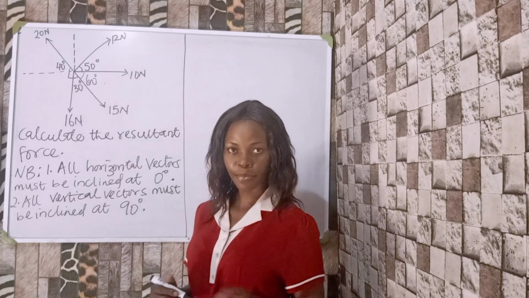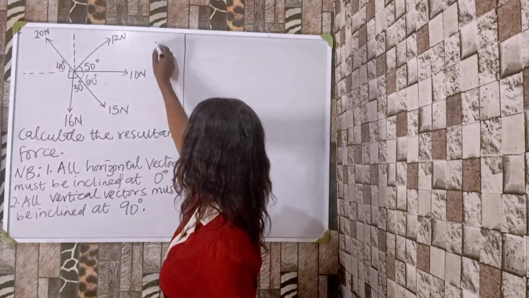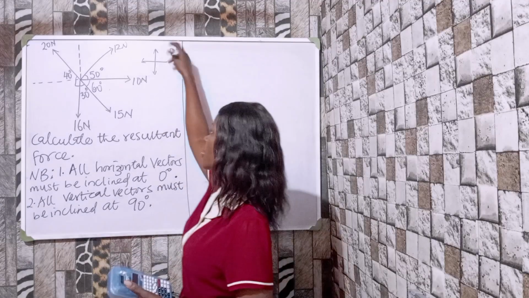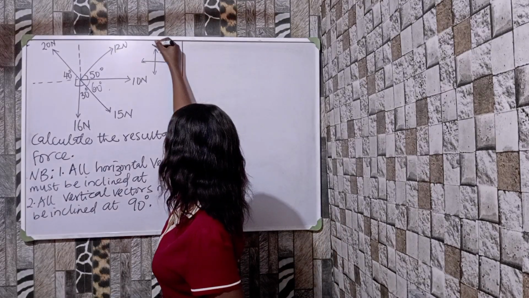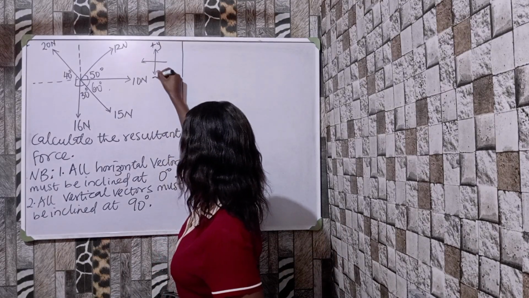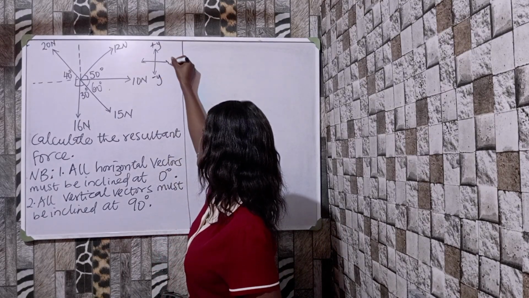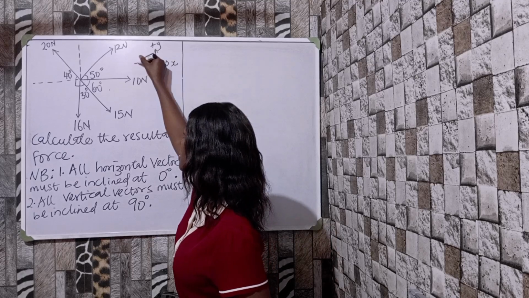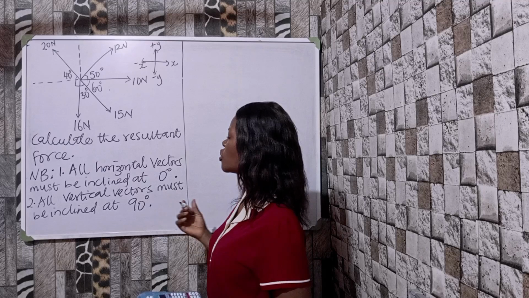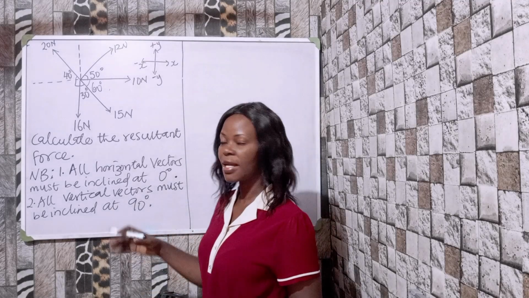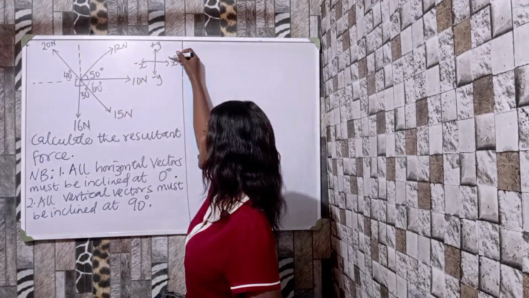For example, we will consider these 4 cardinal points. This is plus y and this is minus y. This is plus x and this is minus x. So we consider the vectors in the horizontal component using this.